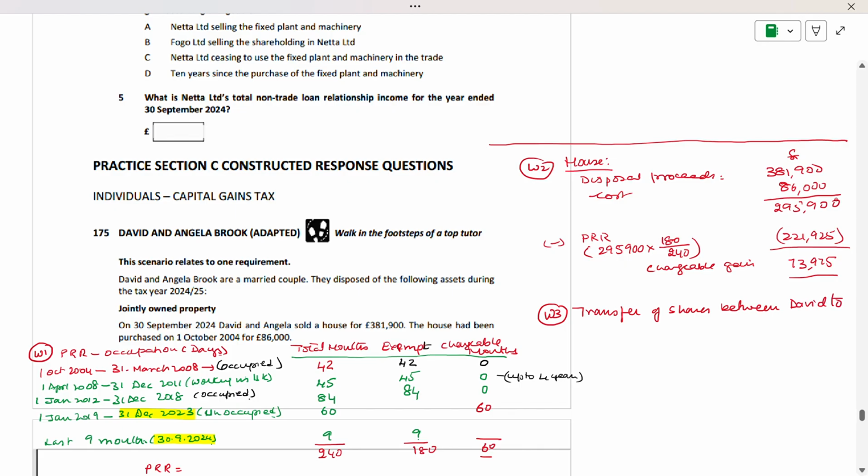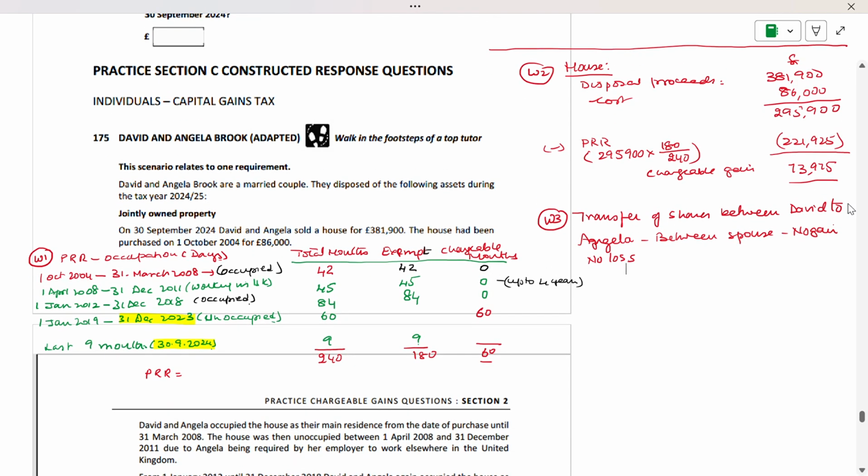It is between spouses, is it right? Yes, sir. No gain, no loss. Is it okay with this? Yes, sir. Next.